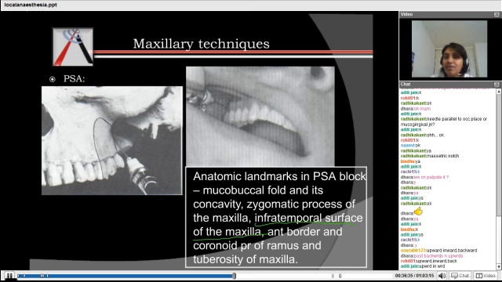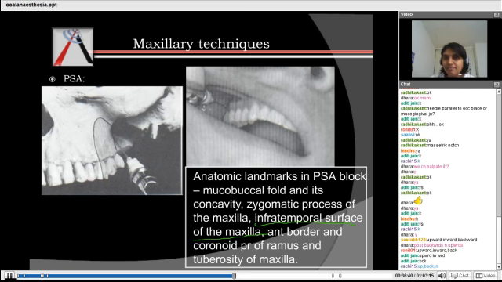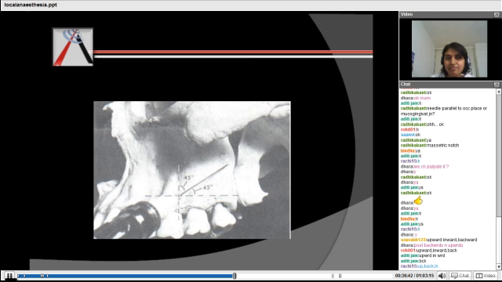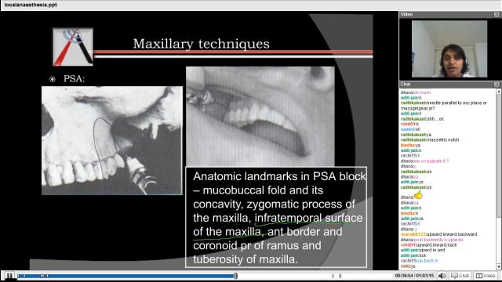Every plane 45 degrees. Okay? You see this? In this plane we are able to see upwards and backwards. If you look from the front, we are able to appreciate that it is also going inward, isn't it? So that's what about PSA.